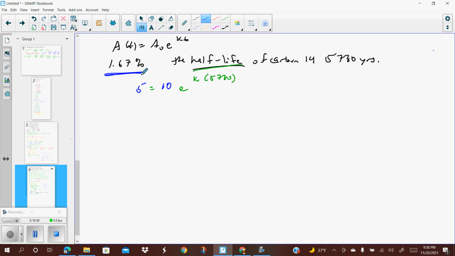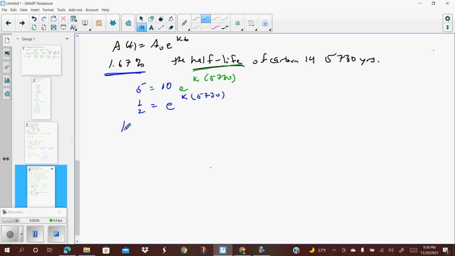So we're going to go ahead and solve this for K. We're going to divide both sides by 10, which, not a surprise, is going to give me half on the left side because it's half of the amount. It's the half-life. e to the K times 5,730. All right, I don't have anything to isolate. The e is already isolated on the right, so I can use the natural log procedure that we did before.